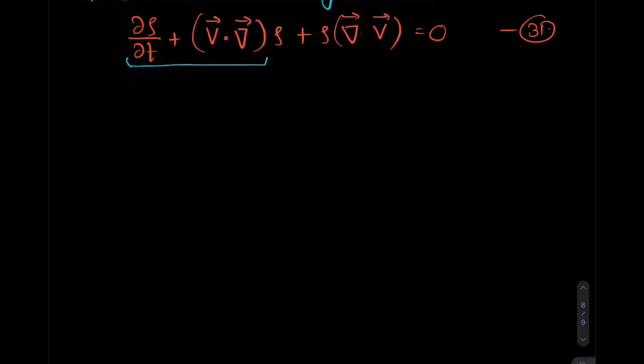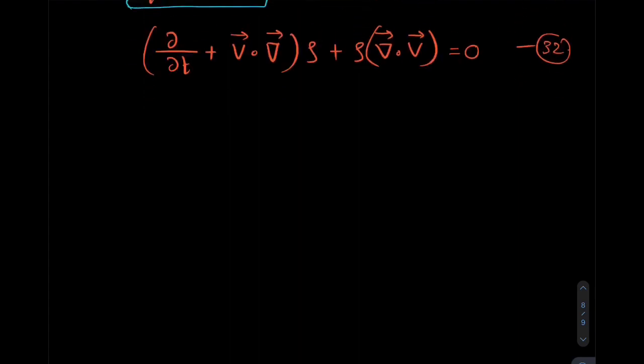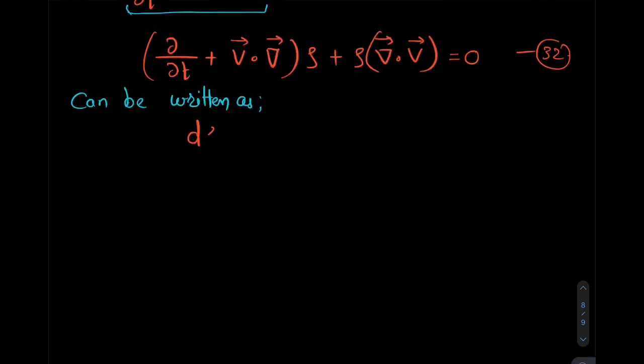The term is an operator v bar dot del bar operating on rho, plus rho into del bar dot v bar, equals 0. This term was also explained in the last video. We know that this is the Lagrangian, material, substantial or total derivative, D rho Dt, plus rho times del bar dot v bar.